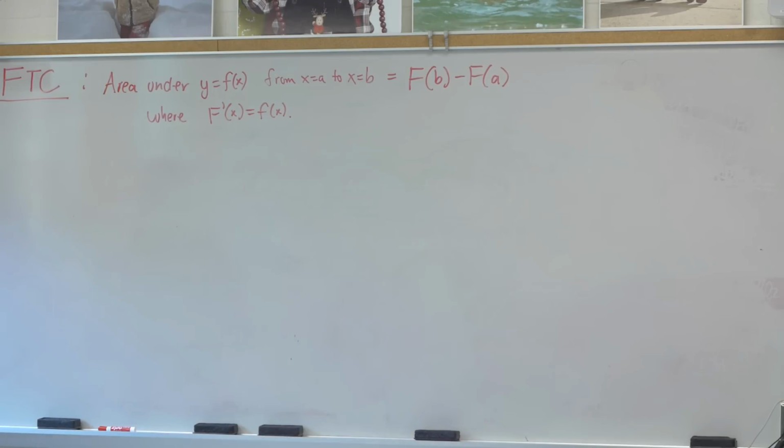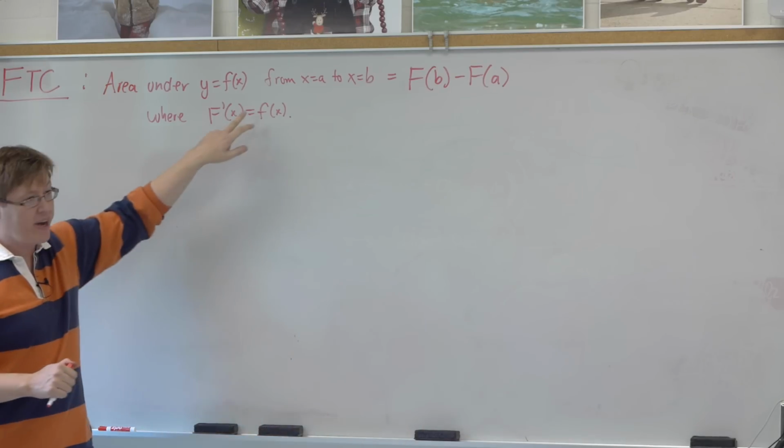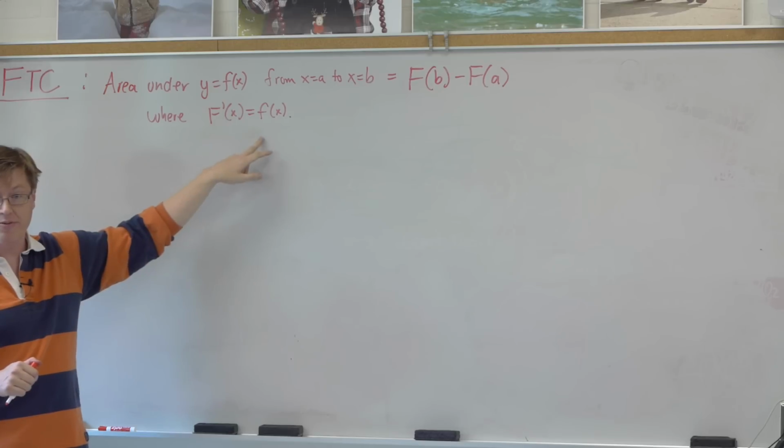Okay, this is the proof of the fundamental theorem of calculus. The statement of FTC that I'm going to use is that the area under y equals f of x from a to b is equal to capital F of b minus capital F of a, where capital F is the antiderivative. So capital F has the property that big F prime is little f.